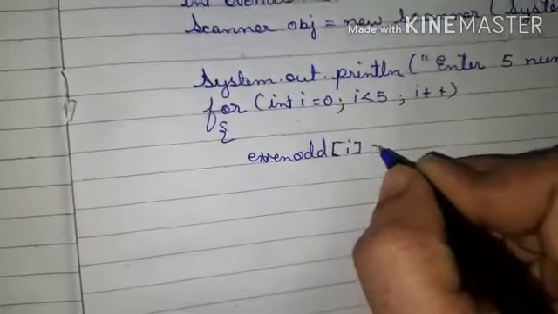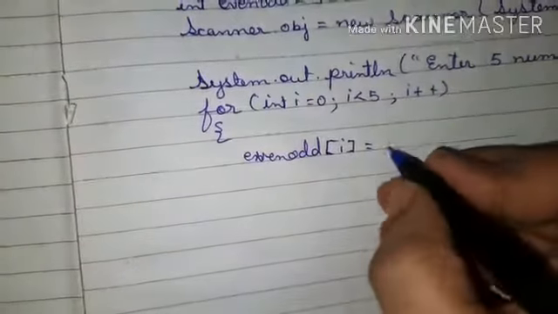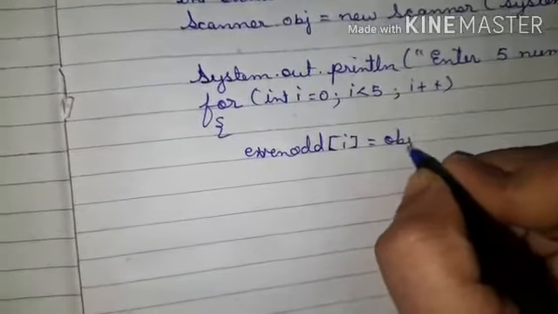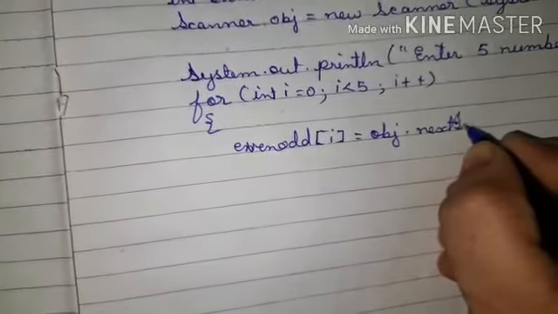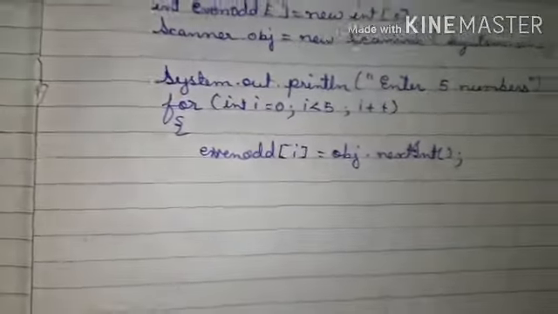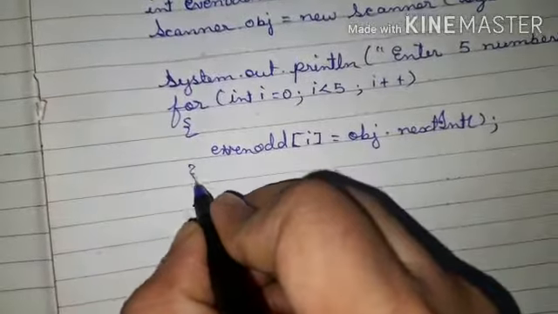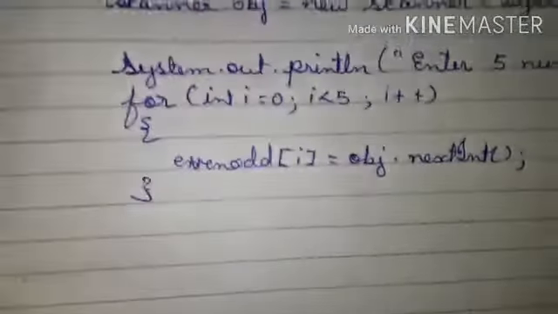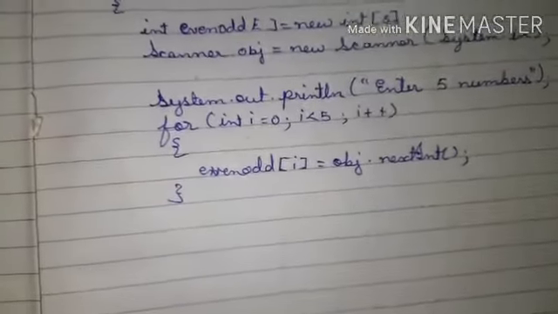In the 0 index, what value are we going to enter? Since it is the Scanner class, we'll write obj.nextInt(). So the entry of the array is done.